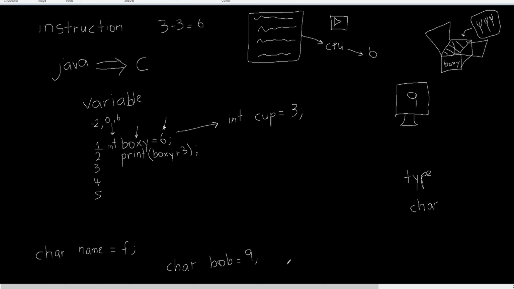Aha, because 9 is on my keyboard. What happens now? Well, that's fine. You can do that. That is a legal thing. You're not breaking any laws. That's absolutely fine.